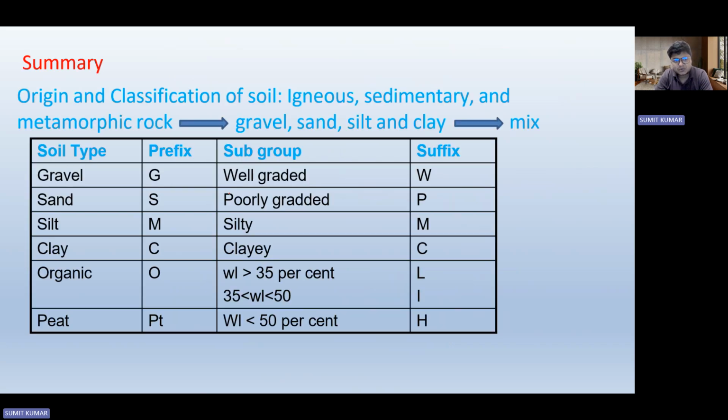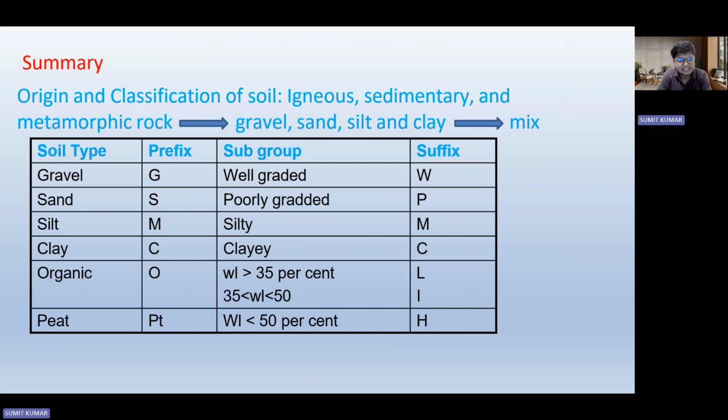Now let's move to the summary of what we have read from the first class to this class, very briefly and quickly. We started with the origin and classification of soil. There we read about igneous, sedimentary and metamorphic rocks. We also read about gravel, sand, silt, clay, and the nomenclature.